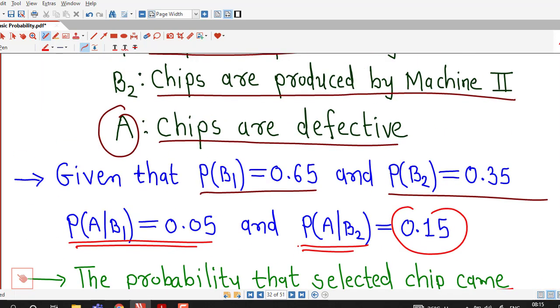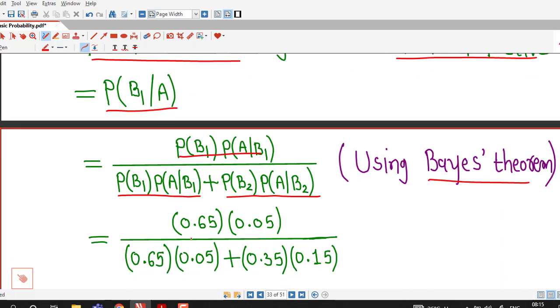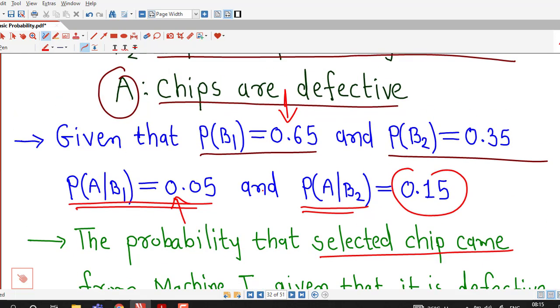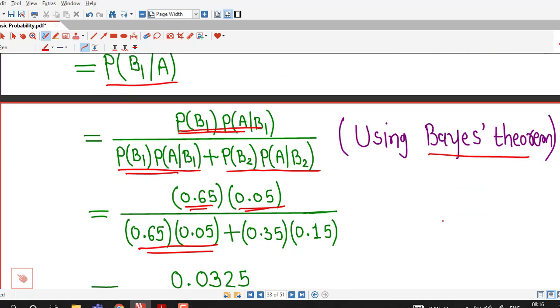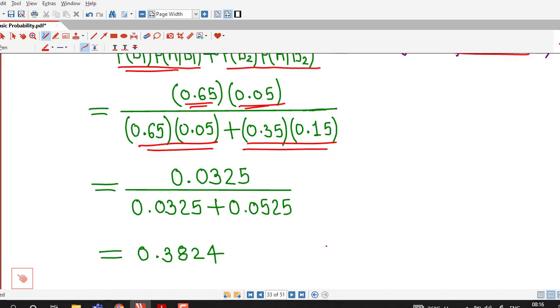Now the probability of B1 is 0.65 and the probability of A given B1 is 0.05, so we substitute 0.65 times 0.05, and the same quantity in the denominator, plus 0.35 times 0.15 for machine 2.